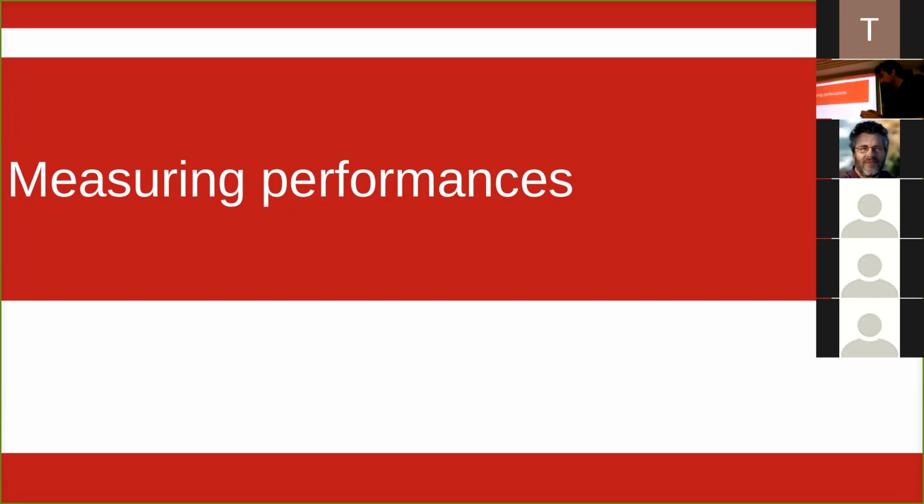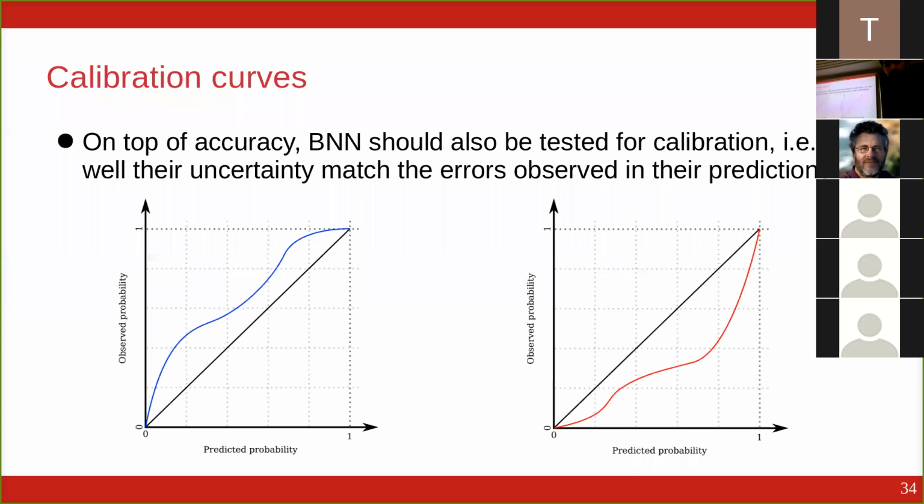But since Bayesian neural networks are stochastic neural networks, you also want to check that the probability distributions they are giving you are meaningful. How do you do that? Well, one of the most popular ways is to use calibration curves.